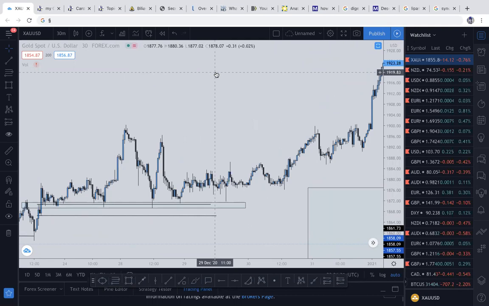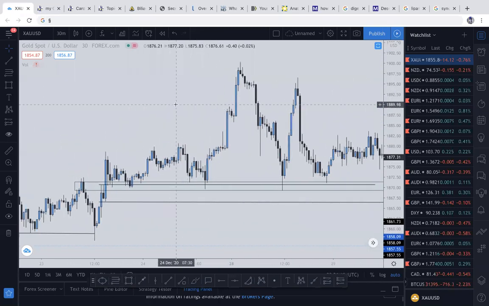Mitigation can happen at the wick of the candle, body of the candle, or imbalance. So if you want to set a pending order, where would you do it? Just at the 50% to make sure. That's it. I would always put it at the 50%. So let's use this as an example.